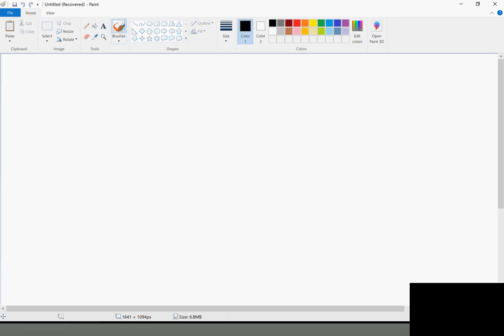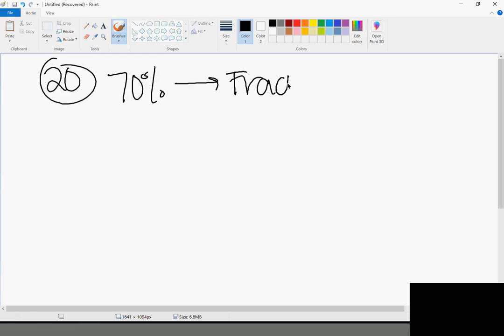Okay, so we are on 20. So 70% is equivalent to what simplified fraction? Okay, so 70%. Remember that you could do this a few different ways. You could remember a percent means over 100.